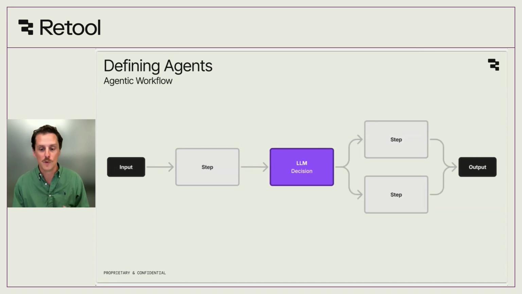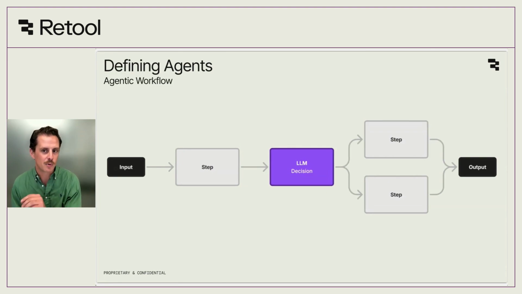But moving up the complexity chain a little bit, that was a Gen AI workflow. Let's have a look at an agentic workflow. Imagine a business process where the LLM isn't just generating content, but rather it's actually generating a decision.